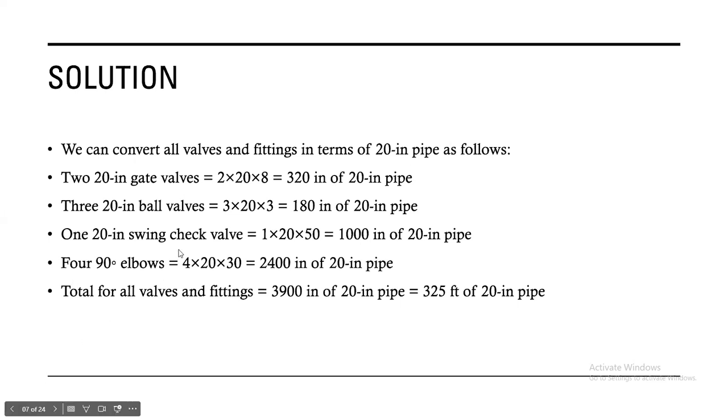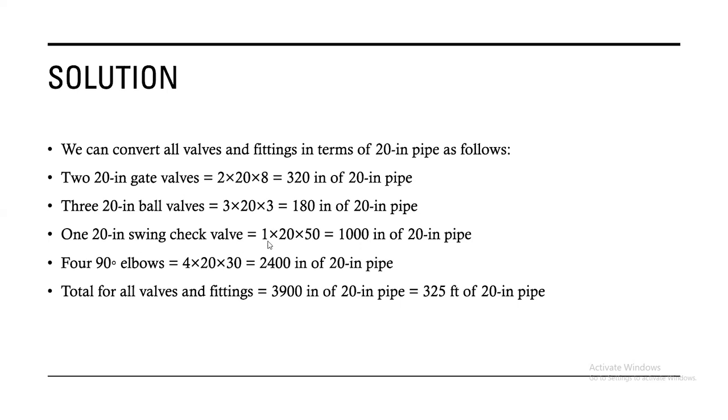For the two 20-inch gate valves, remember the ratio for a gate valve is 8, so it's 2 times 20, which is the diameter, times 8, so it's equivalent to 320 inches of 20-inch pipe. Three 20-inch ball valves is 3 of them. The diameter of the valve is 20, and the ratio is 3, so you get 180 inches of 20-inch pipe.